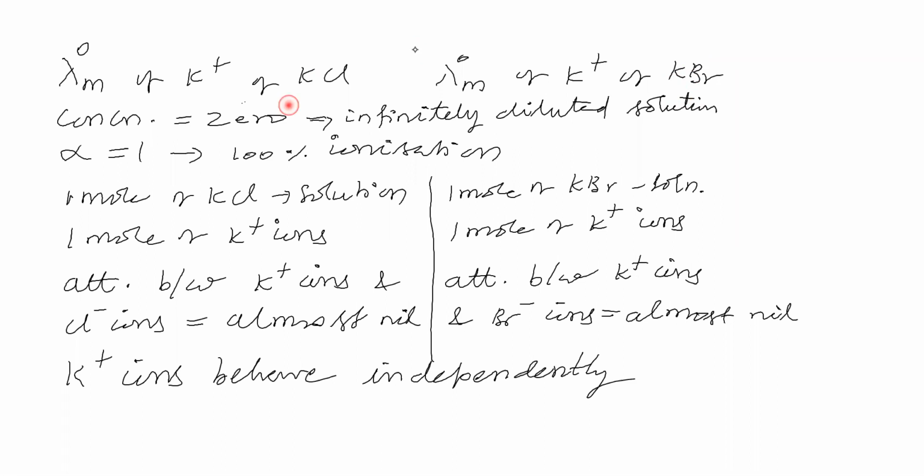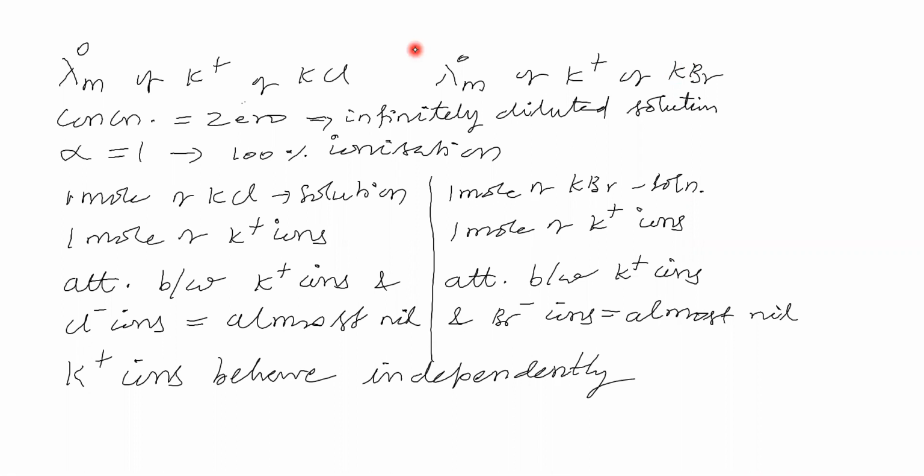In what way are the K plus ions moving, you think? So consider the current carrying ability of K plus ions here. K plus ions behave independently, which means K plus ions are not affected by neighbors.